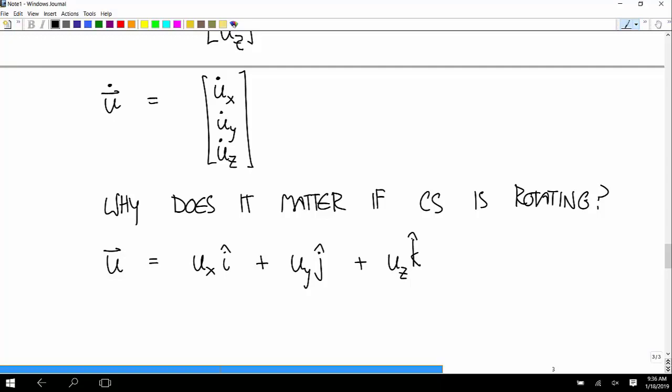And so if you take a time derivative of u, you have to use the product rule here.